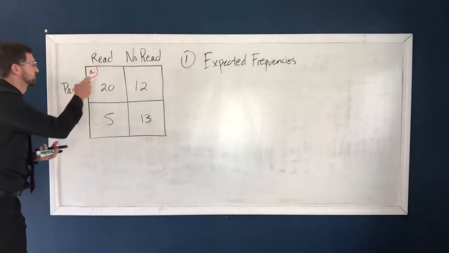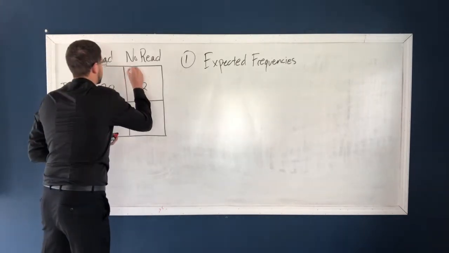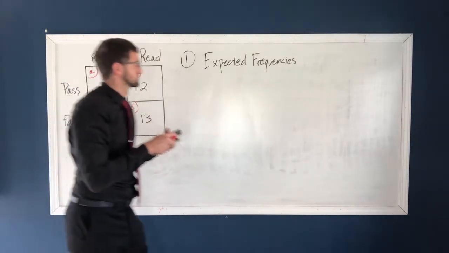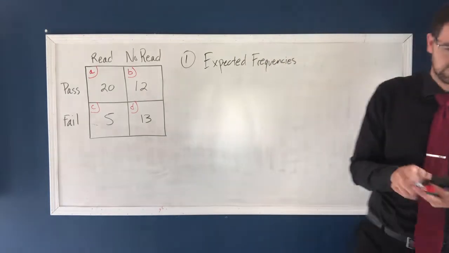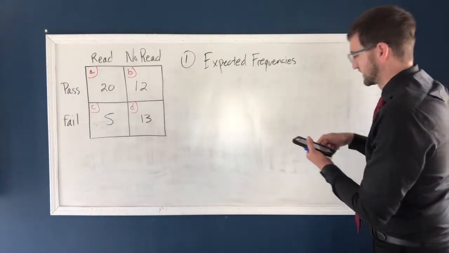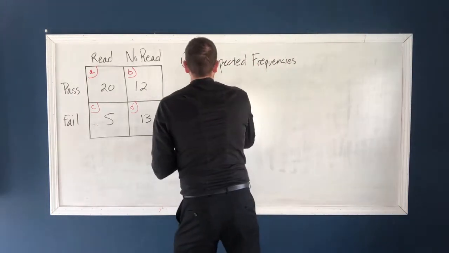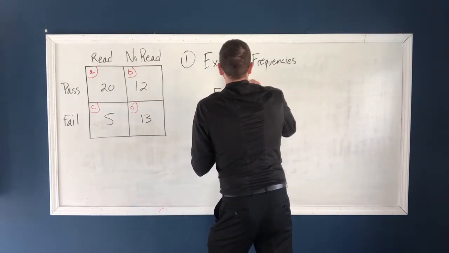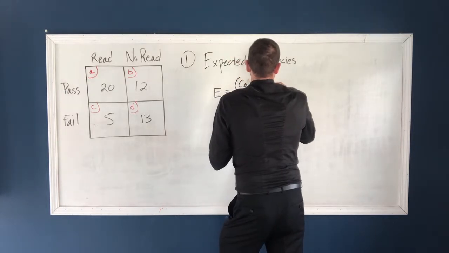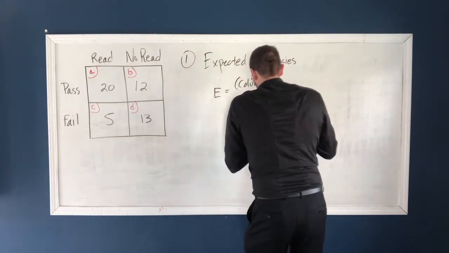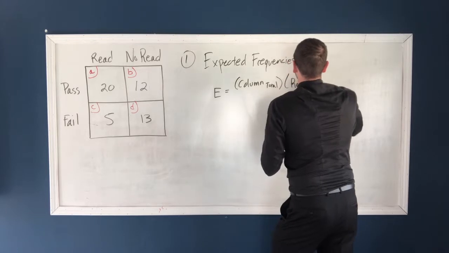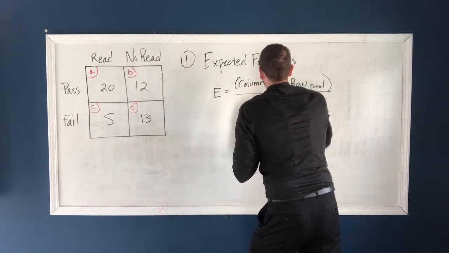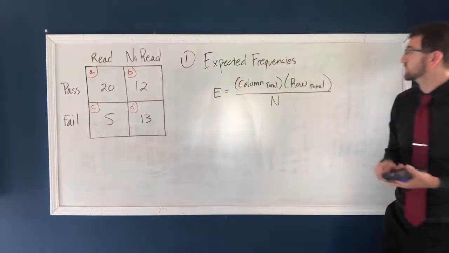So we're going to label this first cell A, the next one B, C, and D. So to calculate expected frequencies, the formula is E equals the column total multiplied by the row total divided by the total n.